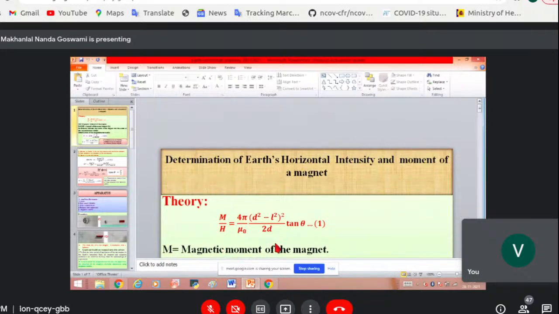Since there are two unknown quantities, M and H here, we need two independent equations containing the two unknowns.